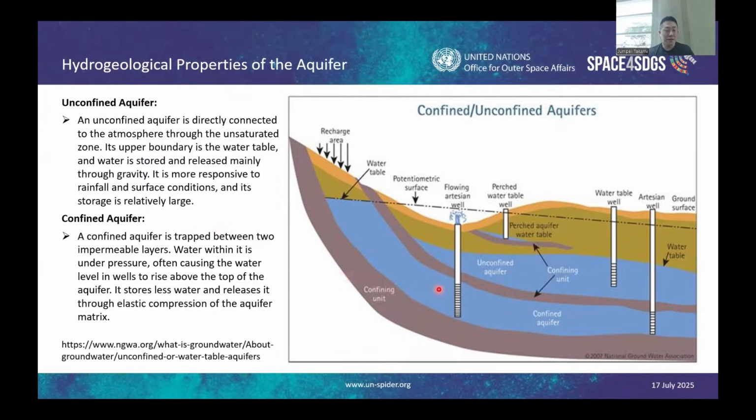That's why people dig and construct wells into the confined aquifer, because due to the recharging system, unlike the unconfined aquifer, you can steadily get water anytime.